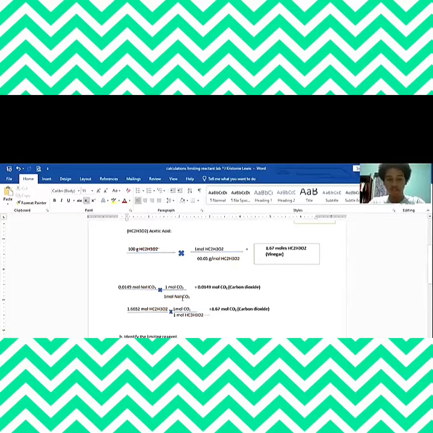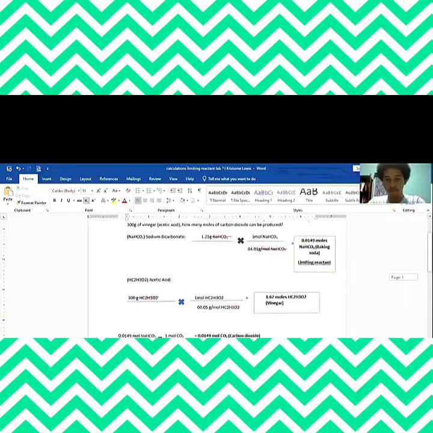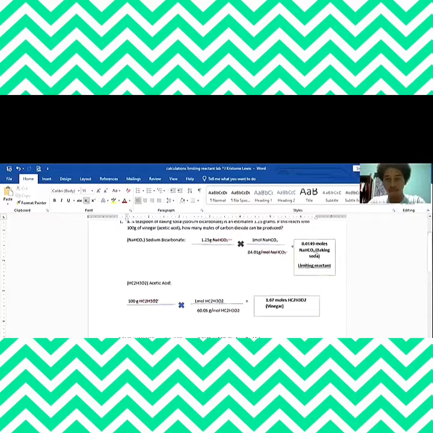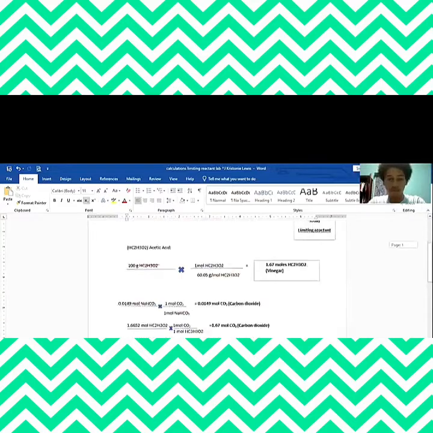This is the 1-to-1 ratio. This gives you 0.0149 mole of CO2, which is the same as the moles of sodium bicarbonate.